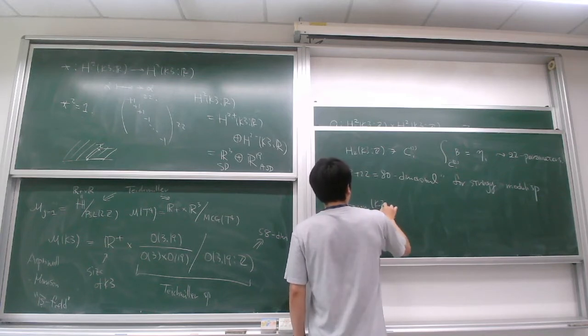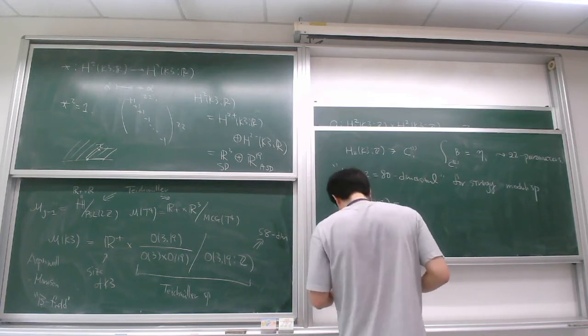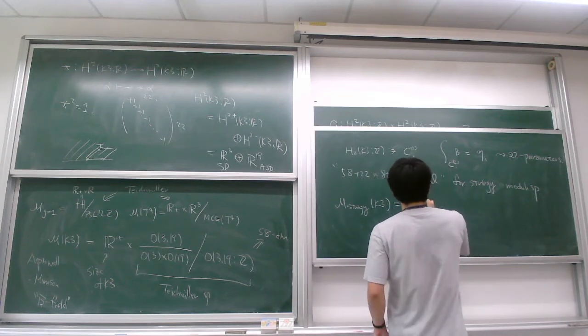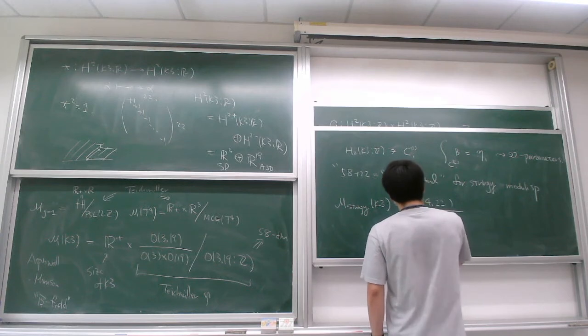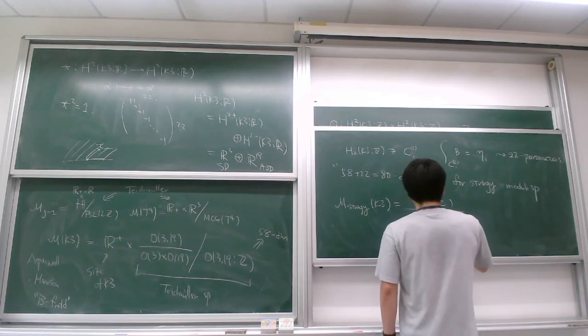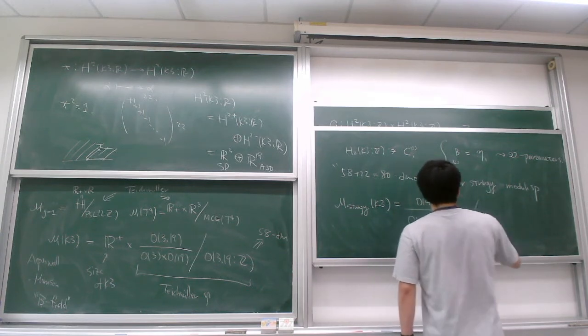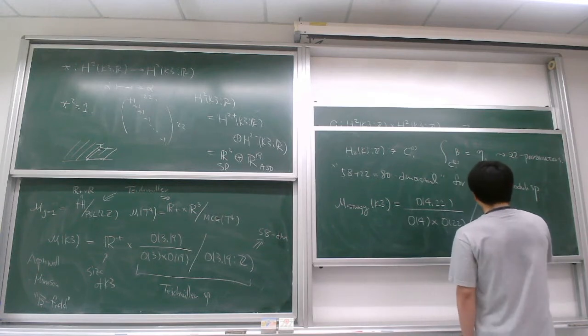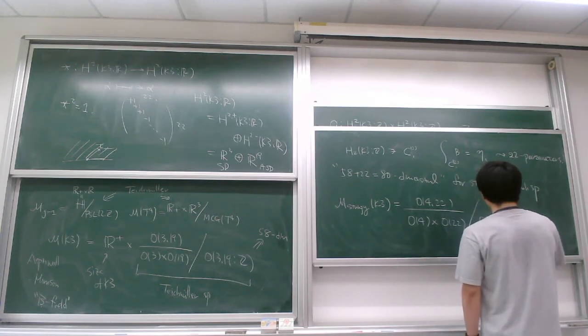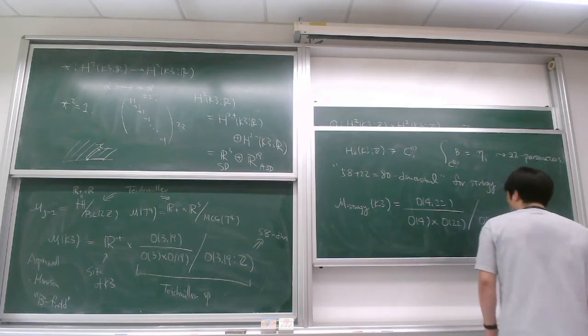And indeed, the stringy modular space of K3 is what Aspinwall and Morrison tell us: O(4,22) divided by O(4) times O(22).